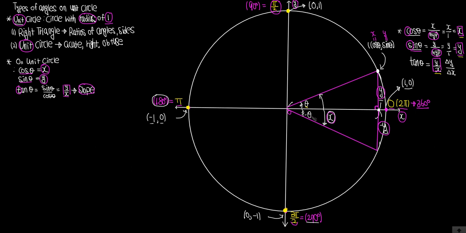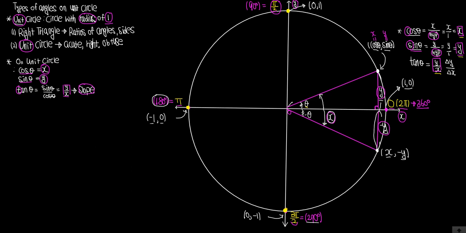So for a negative theta, where we rotated clockwise from the origin, now we can think about the coordinate for this point that I'm notating right now. Well, we already know that we can notate it in terms of x and y as x and negative y, where the x value is exactly equivalent to cosine theta and the y value is exactly equivalent to sine theta. But we need to remember that this is a negative y value, since we know that the y value is negative from the negative theta.